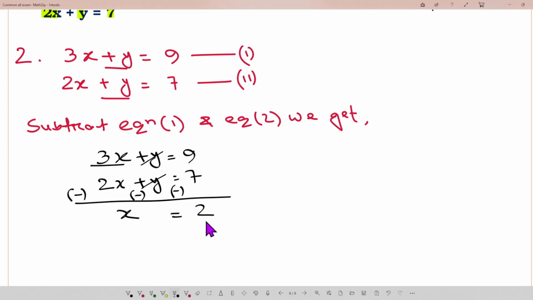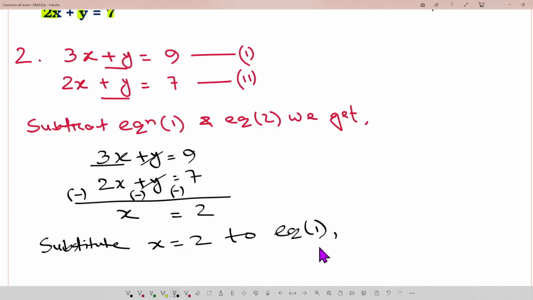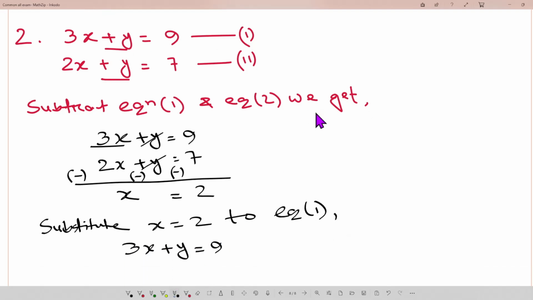So this value we can put into either equation 1 or 2. We substitute x equals 2 into equation 1, so 3x plus y equals 9.